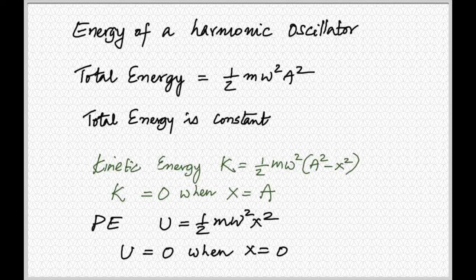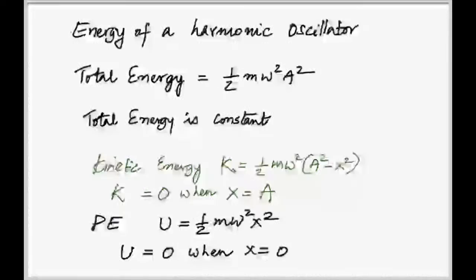That means the kinetic energy is 0 when x is equal to a. When it comes to potential energy, here is the formula 1/2 m omega squared x squared, which clearly shows that when x is equal to 0, you're going to get the potential energy to be 0. So remember that when one is maximum, the other is going to be a minimum.